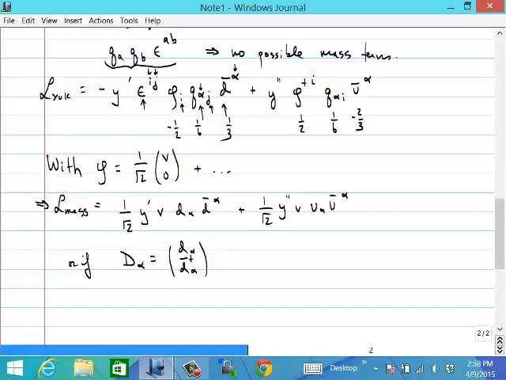Now remember, D and D bar are both left-handed Weyl fermions, so I have to take a dagger of the lower component to turn it into a right-handed Weyl fermion. Remember that in the Weyl basis for the gamma matrices, the projection onto the left-handed sector gives you the upper 2-component part of a Dirac spinor, and the right-handed sector gives you the lower 2-component part. That's why the lower 2-component part is conjugated. And then similarly, we have a U alpha and a U bar alpha, dagger. So then these are Dirac spinors.